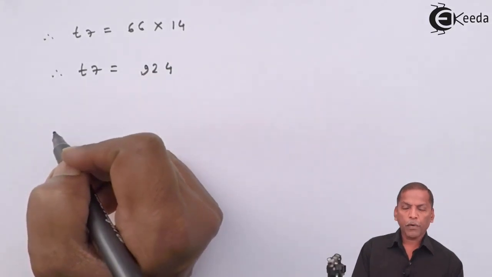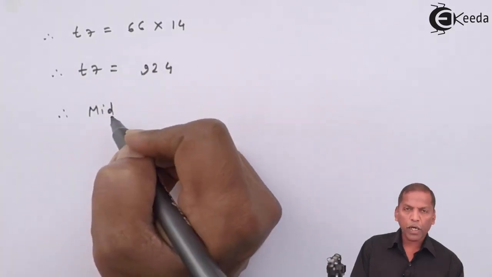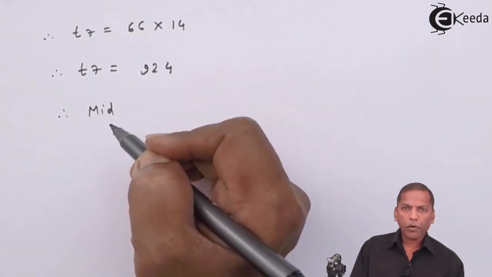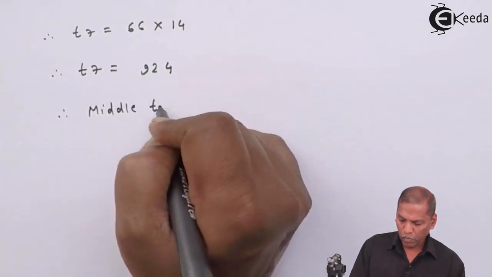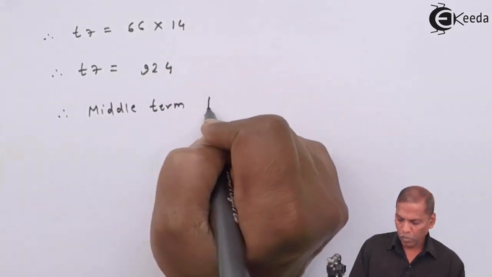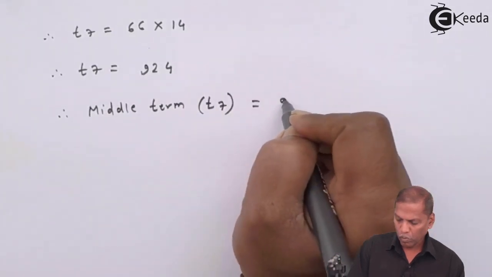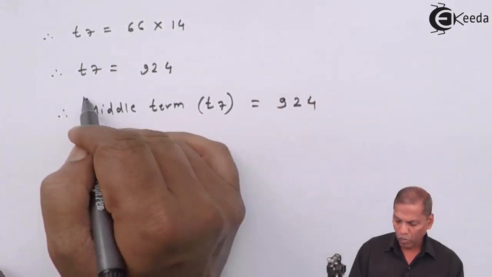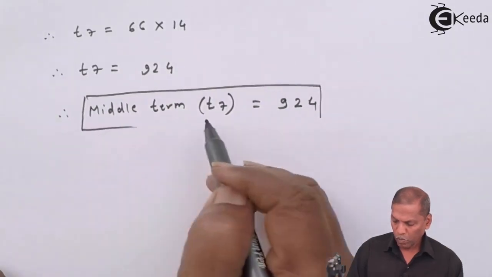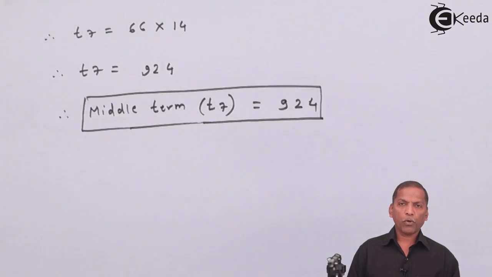So in this way we get the middle term T7 is equal to 924. So this is the required solution for the given problem. Thank you.